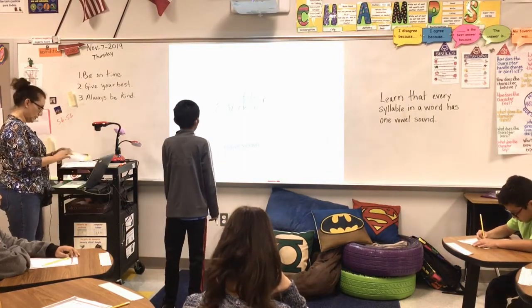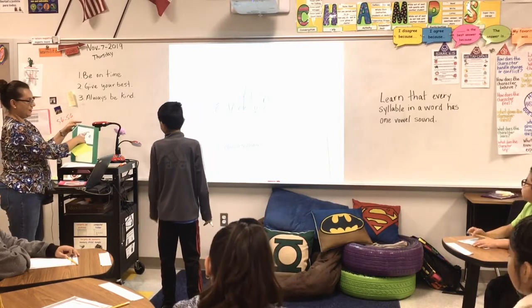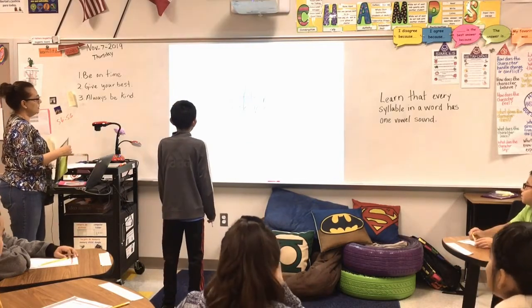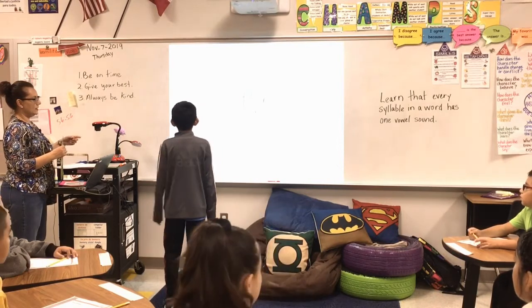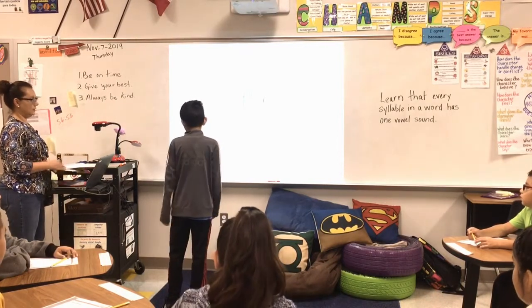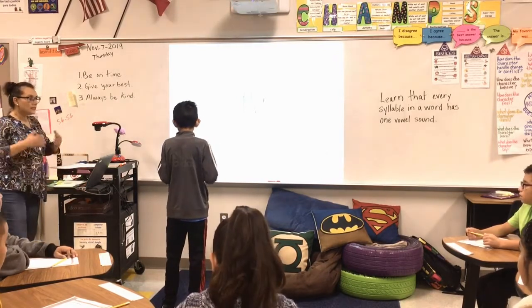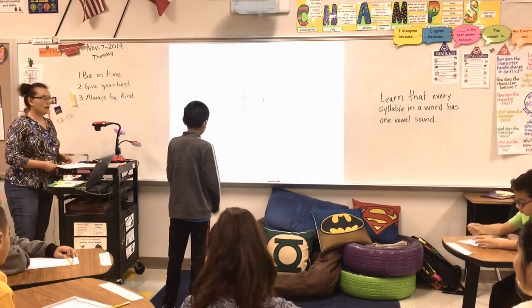Okay, and how about the next? Eh. Okay, what's that word? Sudden. One more time. Sudden. Can we put it together? Sudden, like suddenly, Fabian knew the answer. Good job.